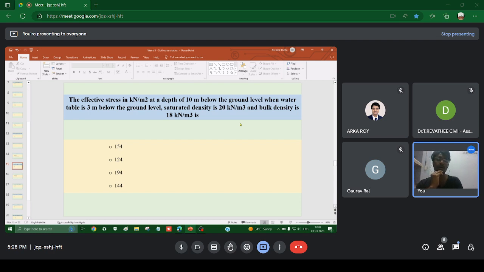The options are 154, 124, 194 or 144. Again, in this case, the weight of water is not given. You can assume it to be 10 kilonewton per meter cube and solve the question.